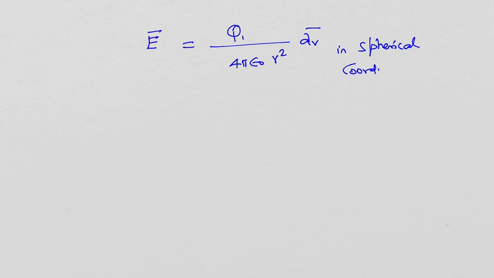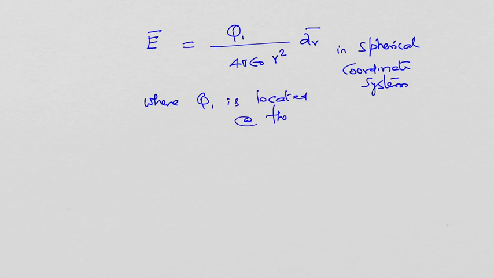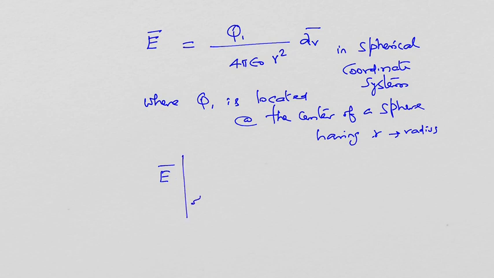Spherical coordinate system, where Q1 is located at the center of a sphere having R as the radius. Good. Now the unit of electric field intensity of Q1 will be represented as Newton per coulomb, but is also measured in terms of volt per meter. Practically this is what we use.